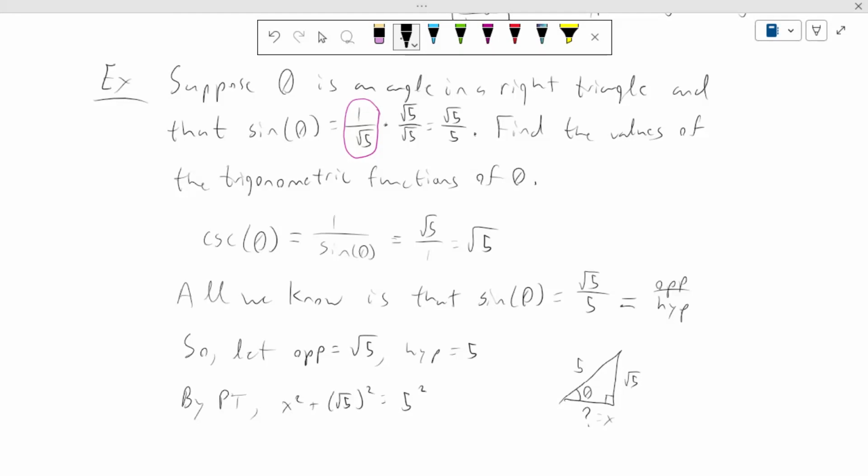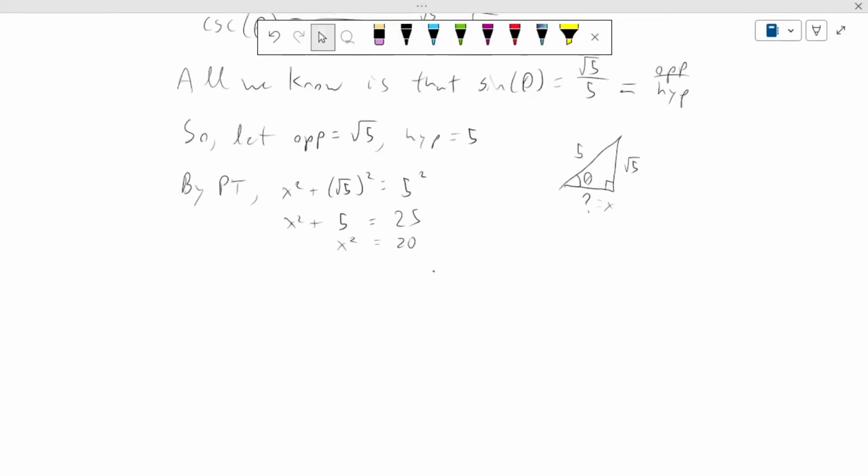The square root of 5 squared is just 5, and 5 squared is 25, so x squared is equal to 20. That means x is equal to plus or minus the square root of 20, but since we're talking about lengths of sides in a triangle, it's the positive square root of 20.